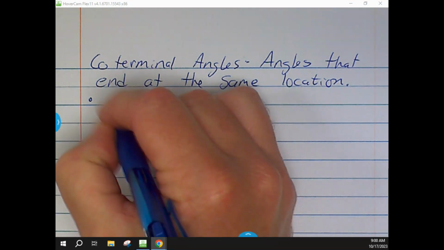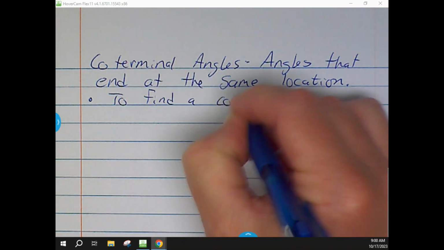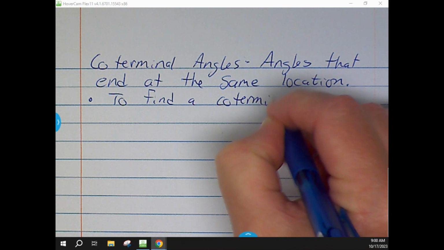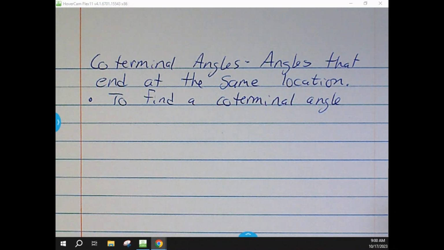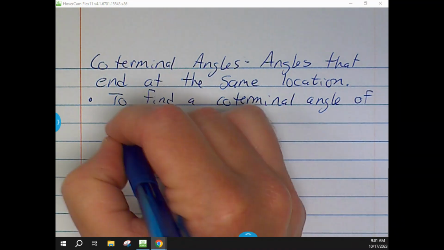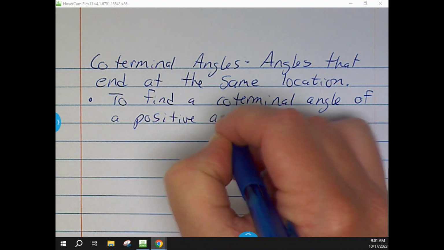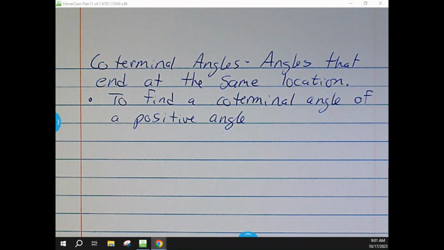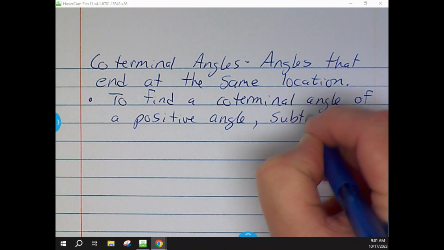Basically, to find a coterminal angle of a positive angle, you just subtract 360.